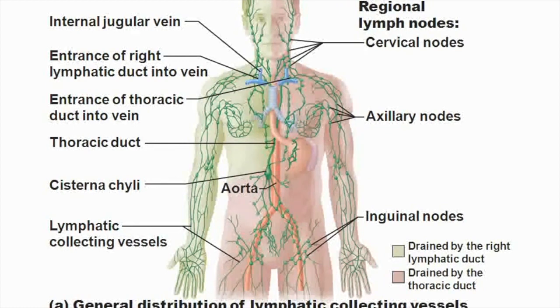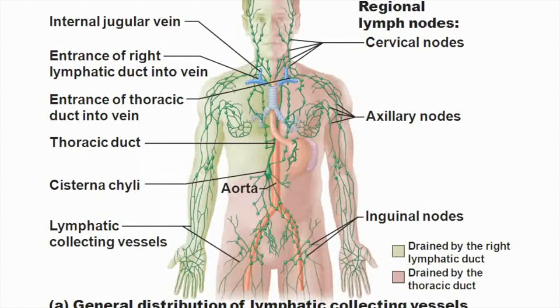By the way, everything from the left side, look up there, of the upper body, also goes into the thoracic duct and finds its way into the left subclavian. So basically, 3/4 of your body, the entire left side, plus the lower right side, go through the thoracic duct.